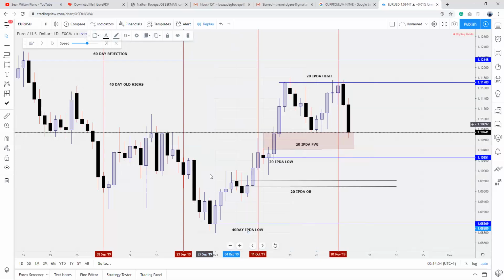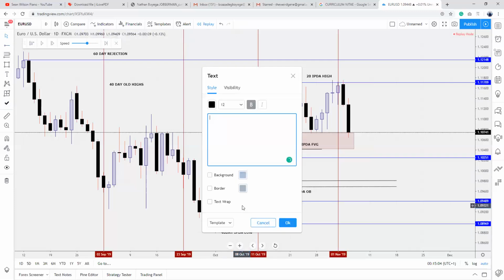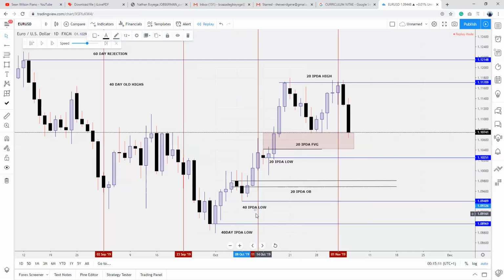This is actually a 40 because it falls in the second box, which is the 40 IPDA. And then lastly, the swing low, which is also a 40 IPDA low. So that is all we're going to reference in terms of institutional price action.